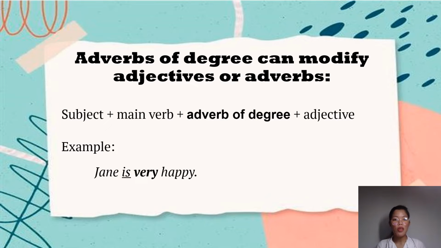For example, Jane is very happy. Jane is the subject, is is the main verb, very is the adverb of degree, and happy is the adjective. So very here is the adverb of degree that modifies the adjective happy.